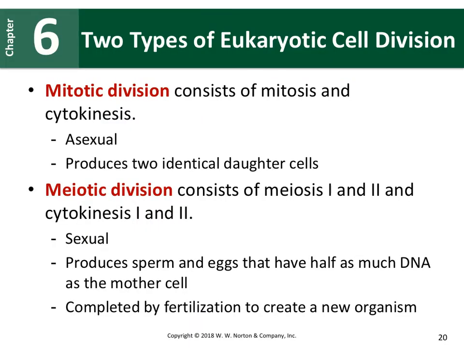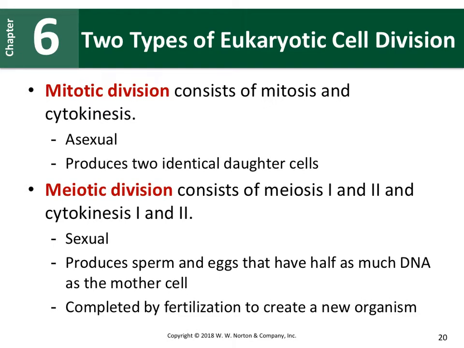Two types of eukaryotic cell division: mitosis and cytokinesis. That's asexual and produces identical daughter cells. Meiotic division consists of meiosis 1 and 2, and cytokinesis 1 and 2. This is sexual reproduction. You end up with haploid gamete cells that are unique, in this case either sperm or egg, depending on whether it is a male or female organism.